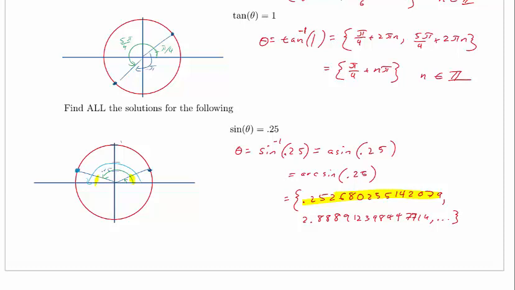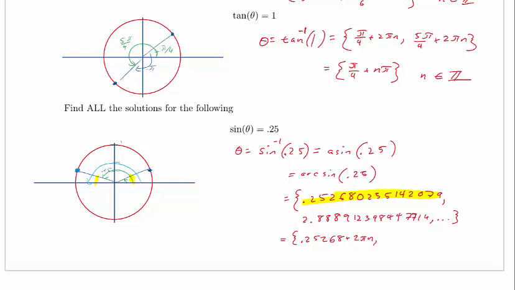Of course, we want to get them for each revolution. So the total answer, we're going to write it like this, and we're just going to truncate the decimal places so we're not writing a whole bunch. And so we're going to have 0.25268. Right, that's our first one, and we want it every full revolution, so plus 2 pi n.